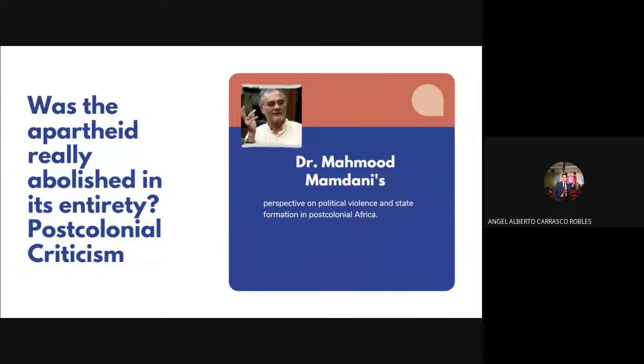As a criticism from various authors who question whether apartheid has ended in its entirety, we can see that Dr. Mamdani's chapters mention how the creation of nation-states in Africa is influenced not only by colonization, which has been transformed into coloniality, but also, at least in the case of South Africa, apartheid strongly influenced the application of modern values for the consolidation of democracy to a certain extent.